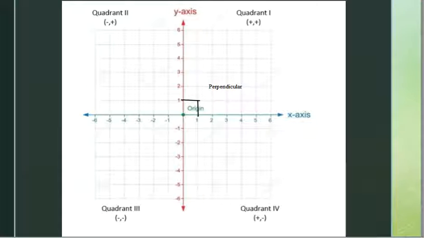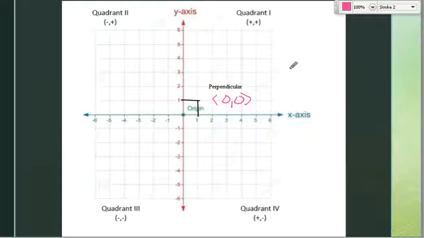A very important thing to remember about the coordinate plane is the ordered pair of the origin, or the place where these two lines intersect each other, is 0, 0. The coordinate plane is just a map, and it gives us a way of being able to identify the location of certain points within the coordinate plane.